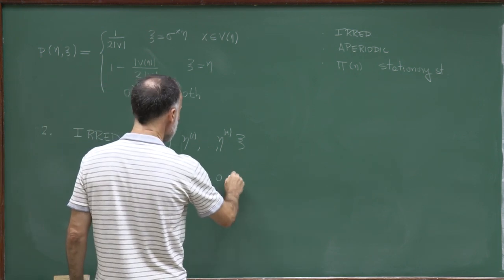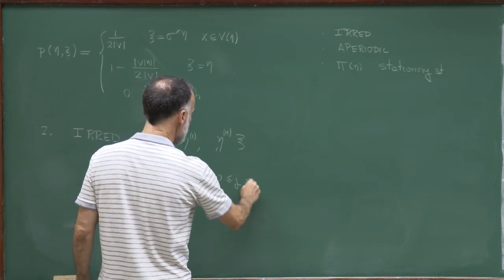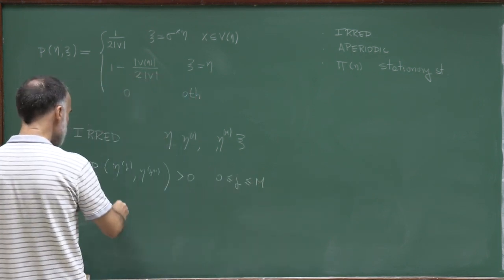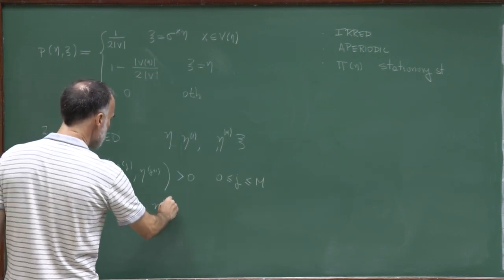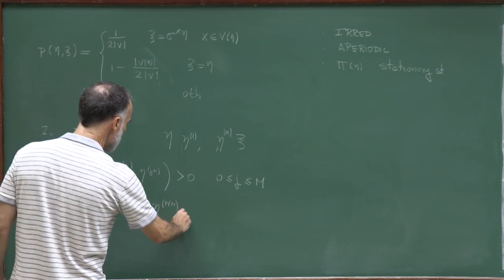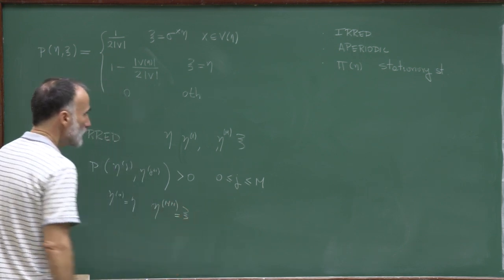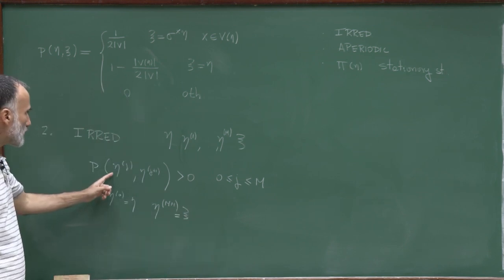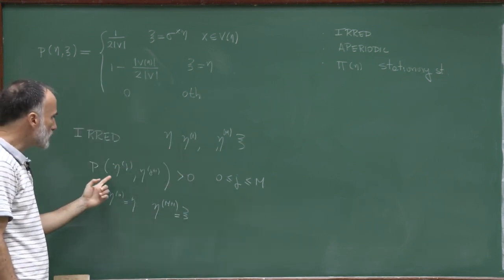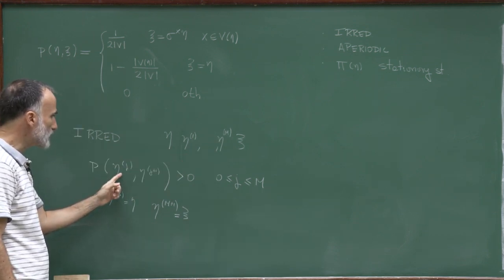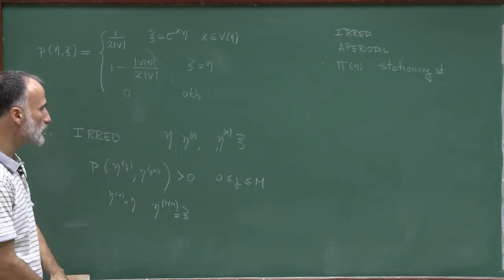This for j between 0 and m, and here I'm taking eta 0 to be eta, and eta m plus 1 to be psi. Right? So I have to construct a path going from eta to psi, in which the probability of jumping from eta j to eta j plus 1 is always strictly positive.